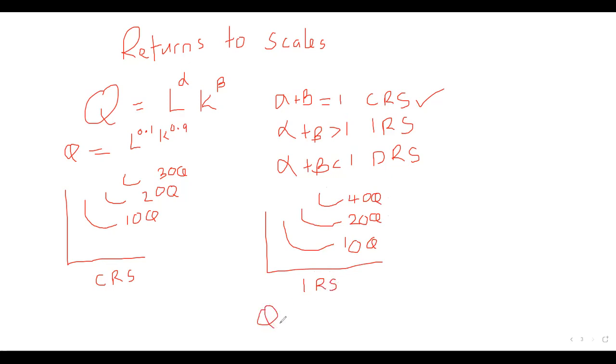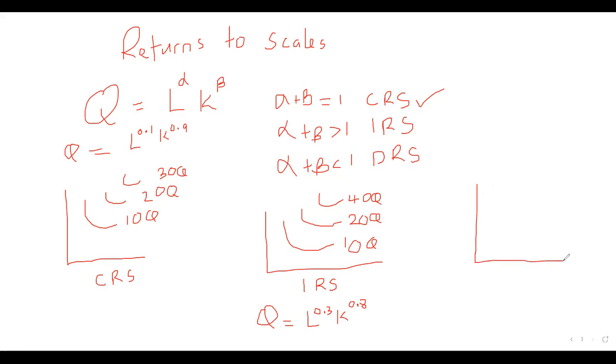The production function could be epitomized by a function that could have, for instance, labor 0.3 and capital 0.8. So when we total up the powers, they are more than 1. They're giving us 1.1. As long as the total is more than 1, this is what we call an increasing returns to scale.